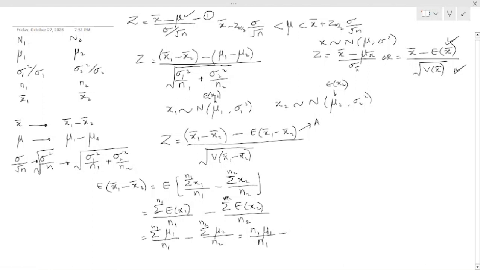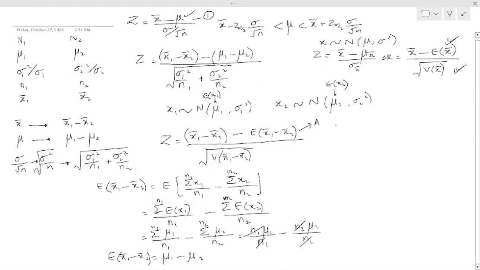Similarly, we can read the second factor of the numerator as mu2 added n2 times, so we can write down in its place this thing. These two will be cancelled out, these two will be cancelled out, and ultimately we get mu1 minus mu2 as the answer to the expected value of x1 bar minus x2 bar, and this is what we can write down over here in place of x1 bar minus x2 bar.